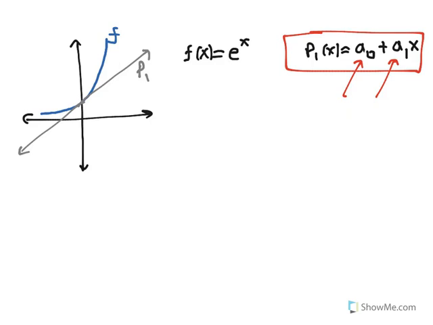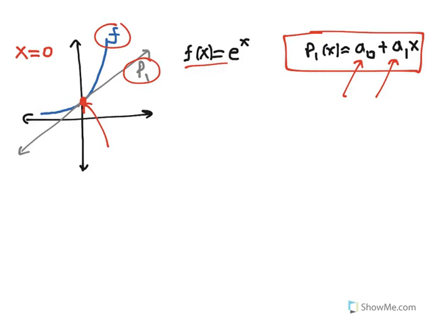So we have a first degree or a linear function to approximate f of x is equal to e to the x, centered at x is equal to 0. So as you can see from the graph, one requirement that we have is that both functions will pass through this point, or the point of tangency. So they must have one point in common.